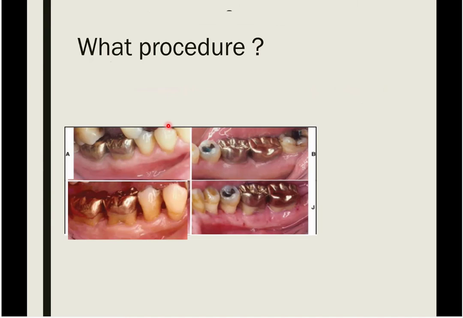This was just a practice of what procedure you thought happened. The top row is pre and the bottom row is post. What do you think occurred? Hopefully you notice that from the top to the bottom, there's recession.